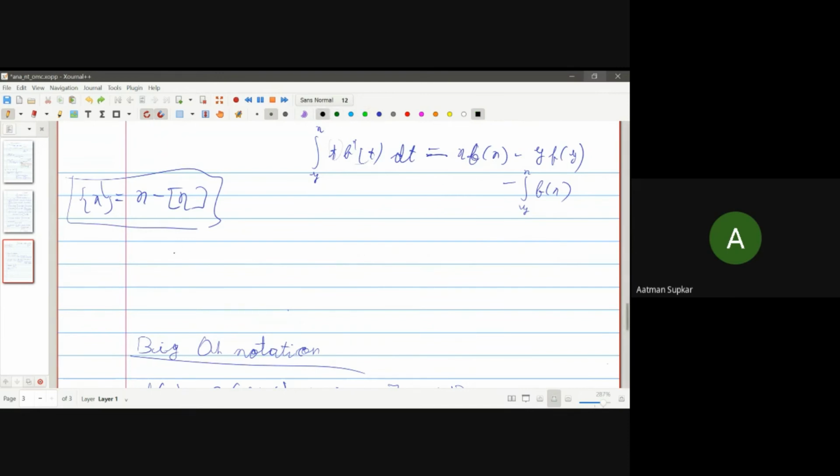Yeah, just stick to black. The summation over y less than n less than or equal to x of f(n) is equal to the integral from y to x of f(t) dt plus the integral from y to x.